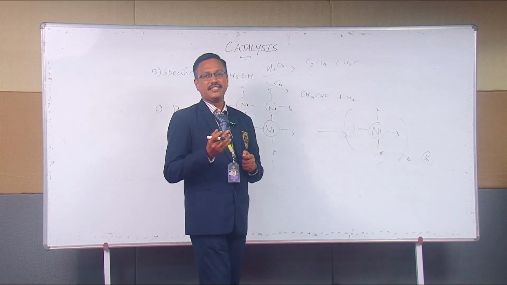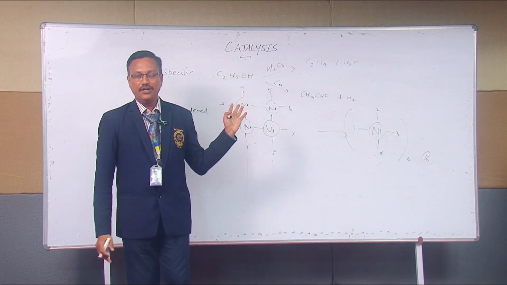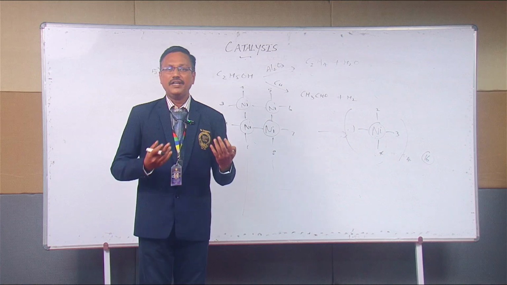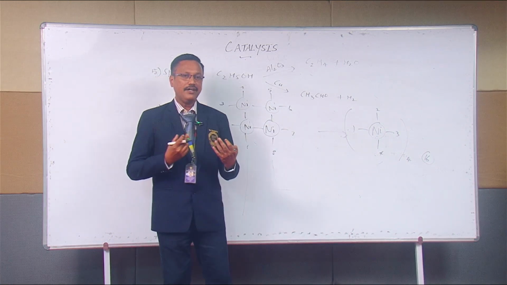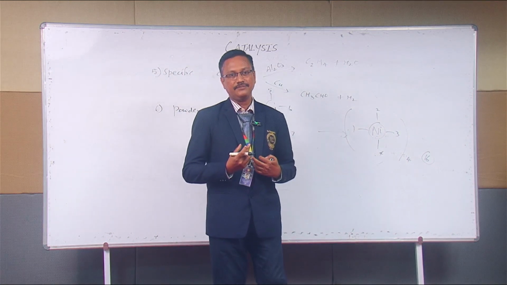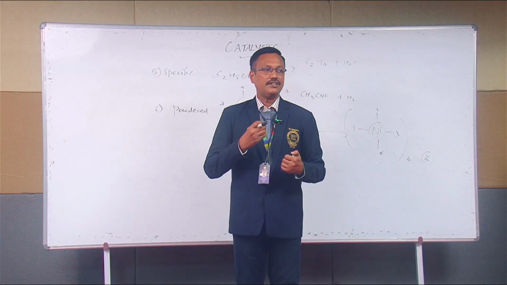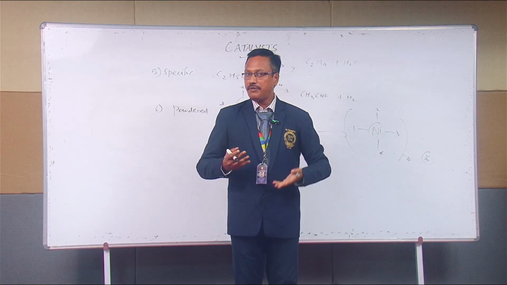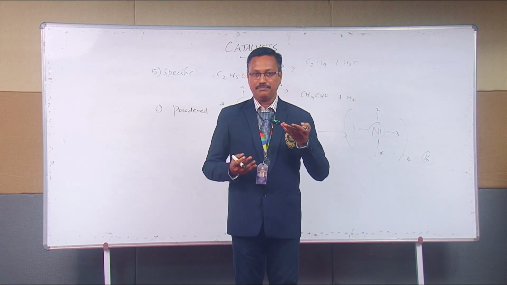For example, enzymes. Enzymes are also biological catalysts. Whenever we are having some fever or whenever we are feeling sick, we may not feel that much hungry. What is the reason? Because the enzymes inside our digestive system may not be acting properly because our body temperature is shooting up.